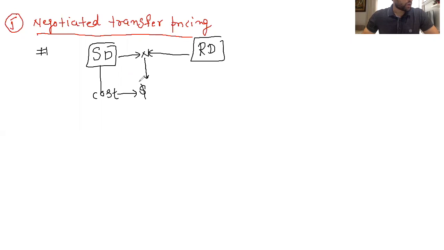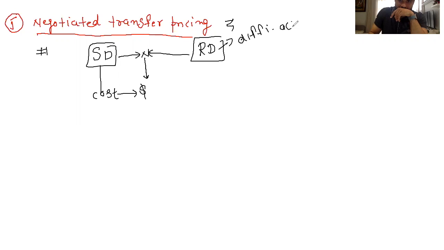Okay, so another situation to apply this method is when the receiving division is having difficulty accepting the price that is available in the markets, internally or externally.